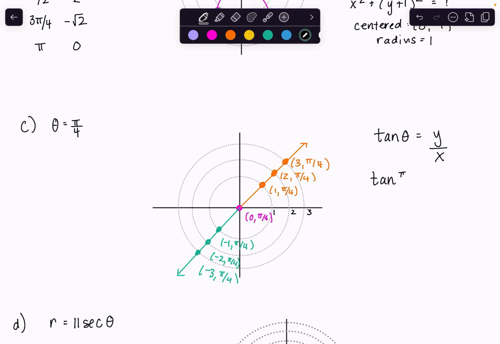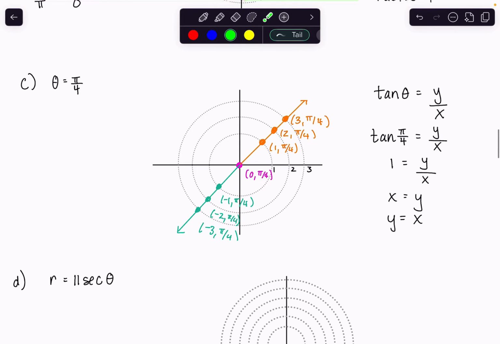And then theta is fixed at pi over 4, and tangent of pi over 4 is 1. So just rearranging that, you get x equals y, which in a nicer form is y equals x. So it is just directly through the origin.